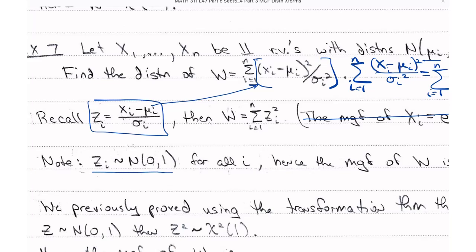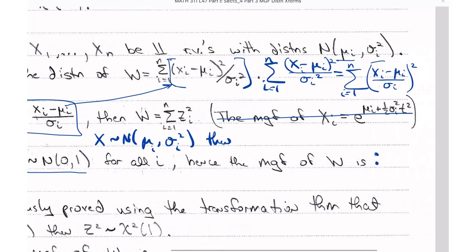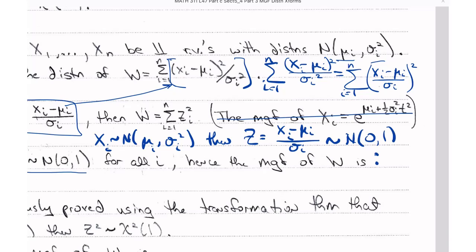We showed that back when we talked about the normal distribution in Chapter 3: if x has a normal distribution with any mu, so I could call it mu i, and sigma i squared, then z equals xi minus mu i over sigma i has a normal distribution with mean 0 and variance 1, which is the standard normal.